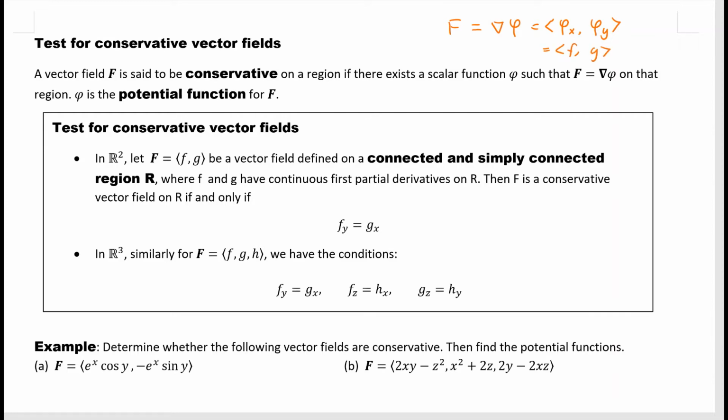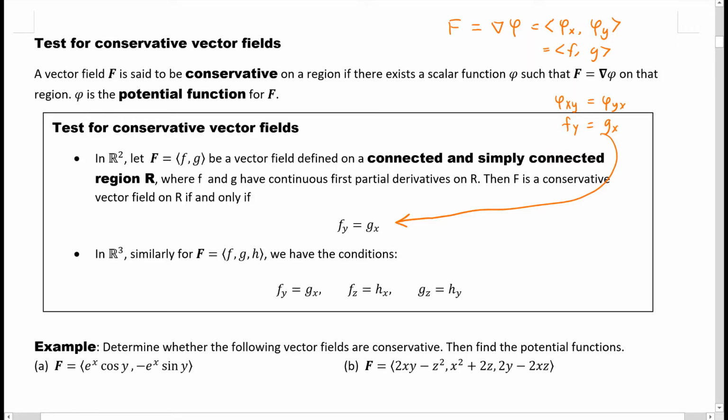In order to be partial derivatives, the mixed partial derivatives should be equal, so phi_xy equals phi_yx. Phi_xy is the same as F_y, and phi_yx is G_x. So this is what we get.